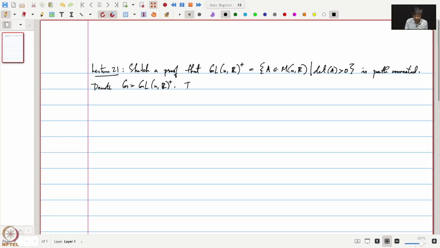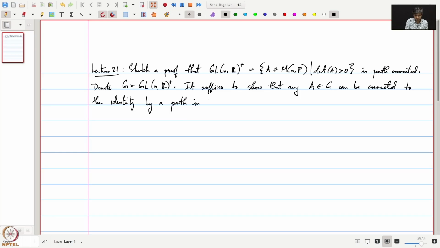First of all, it suffices to show that any matrix A in G can be connected to the identity by a path in G.